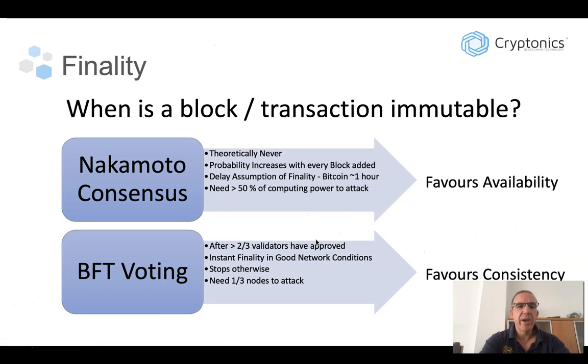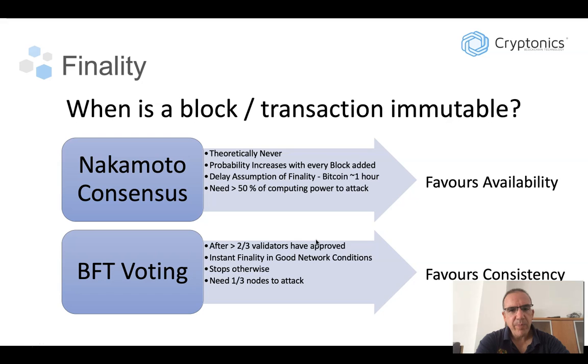So just to compare the two, which are extremes in a way, that they're different intermediate algorithms. But in Nakamoto consensus, we don't really have a consensus as such. We just sort of have the longest chain win. So if we think about when a block becomes final or a transaction cannot be undone anymore, in Nakamoto consensus, which we use in Bitcoin, the answer is theoretically never, because it's probabilistic, right?